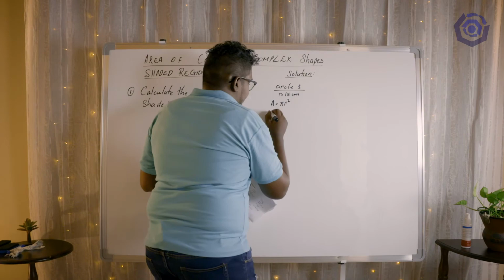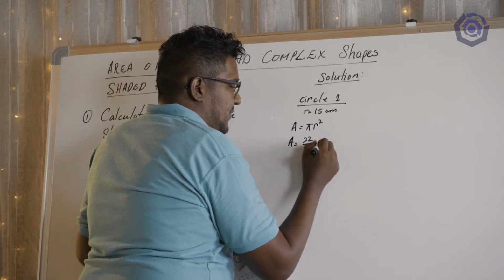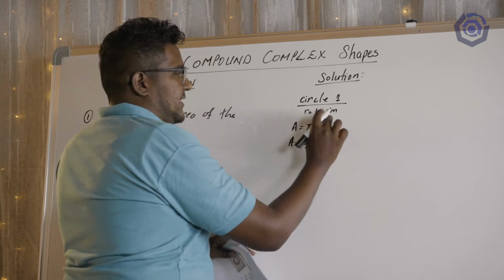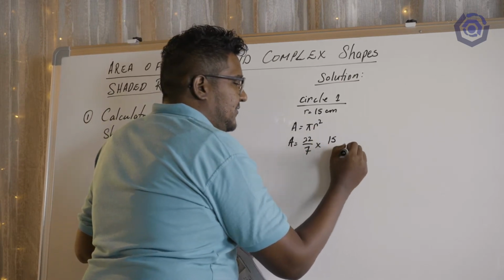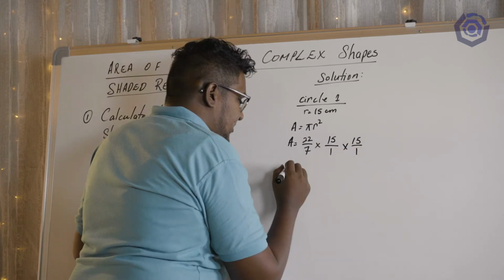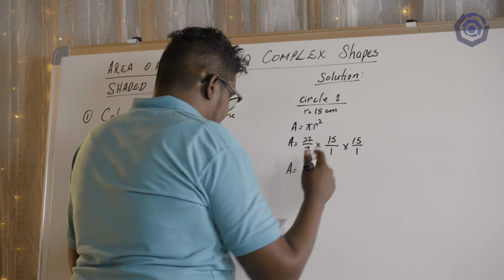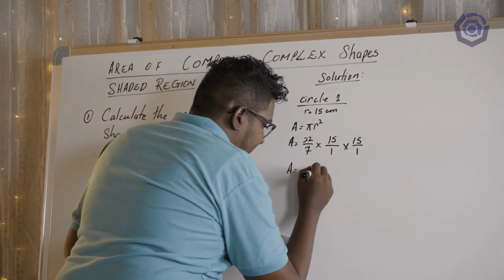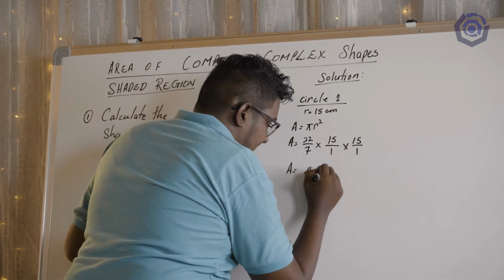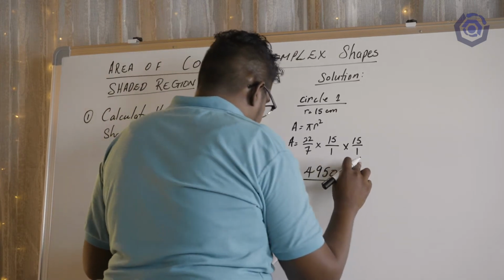So let's substitute our values. A is equal to pi, which is 22 over 7, multiplied by r squared. The radius is 15, so it's going to be 15 multiplied by 15. Put them over 1 to make them fractions. A is equal to 22 times 15 times 15, and that's going to give me 4,950 divided by 7 times 1 times 1.